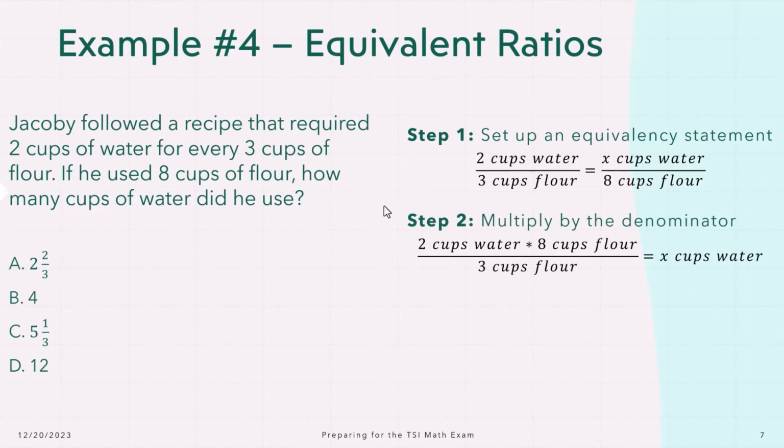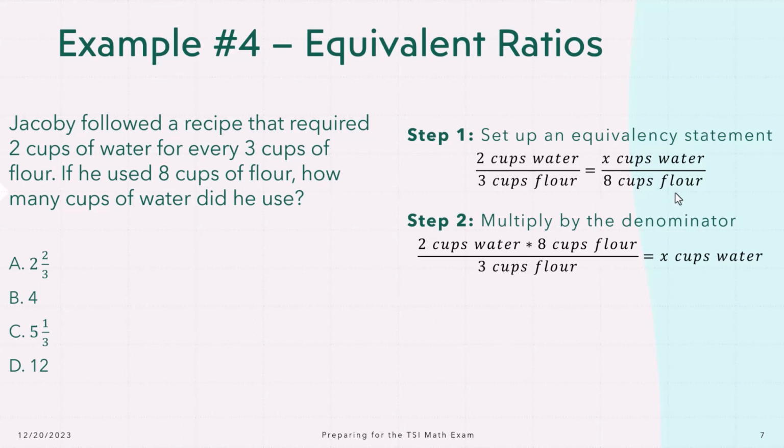We need to establish that similar ratio and set the ratios equal to each other. And again, the key is that you ensure the same units are in the numerators and denominators. And note that it's easier if you place the unknown value in one of the numerators. You can do it if it's in the denominator, it's just a little easier if it's in the numerator.